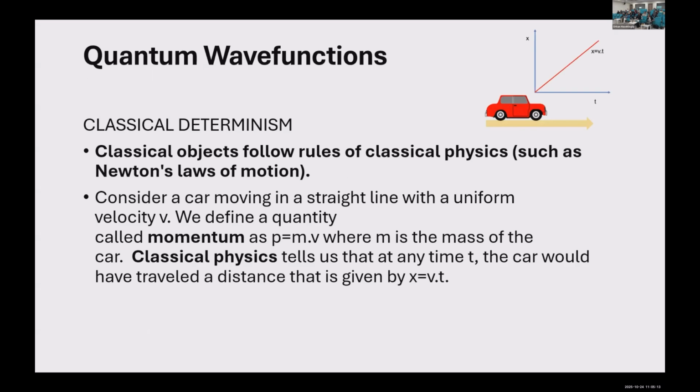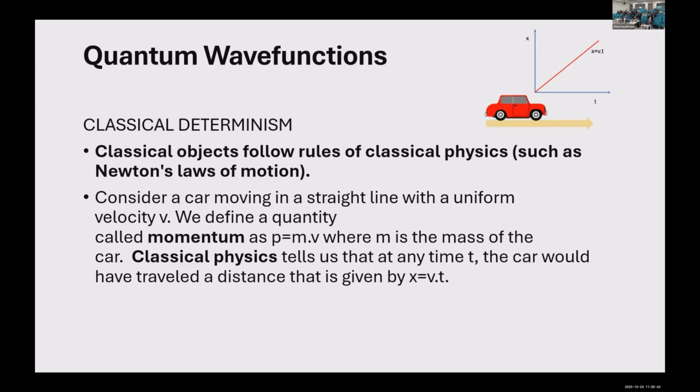Quantum wave functions and classical determinism. Classical objects follow rules of classical physics, such as Newton's laws of motion. Consider a car moving in a straight line with a uniform velocity v. We define a quantity called momentum by p = m v, where m is the mass of the car.